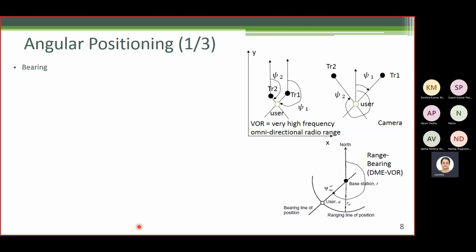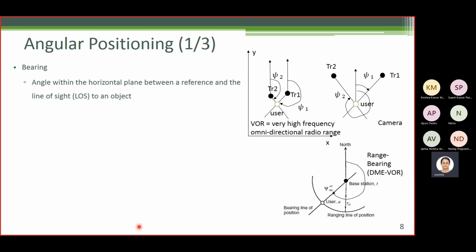Now, what are the angular measurements we make? We make two angular measurements for 3D, bearing and elevation. In case of 2D, for a given transmitter only one measurement is made, it's bearing. So let's first discuss the 2D positioning and then we'll extend this to 3D.